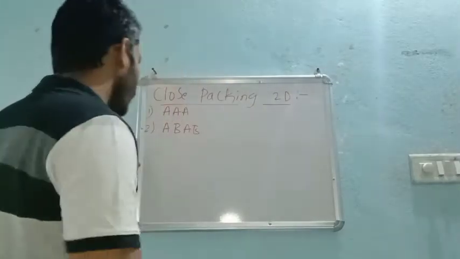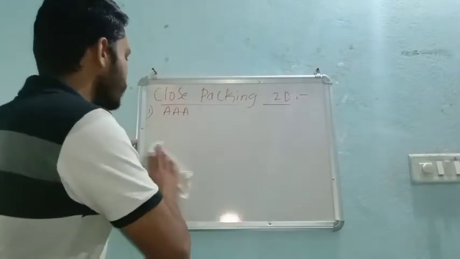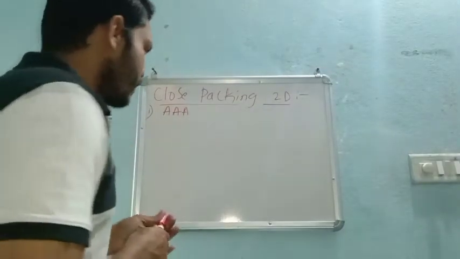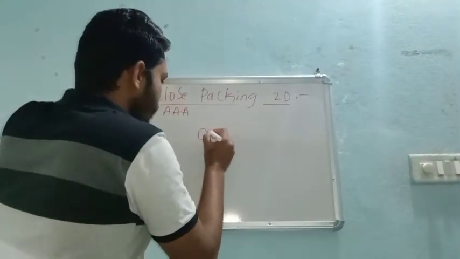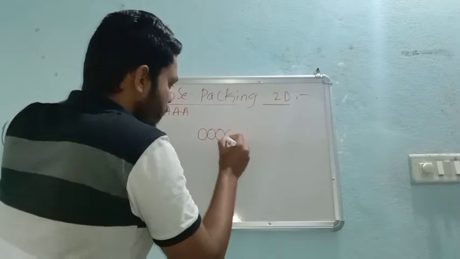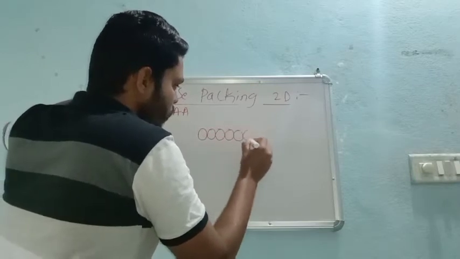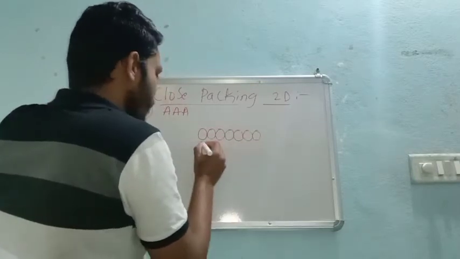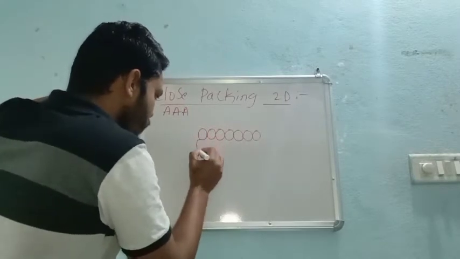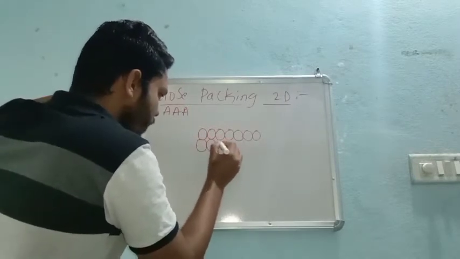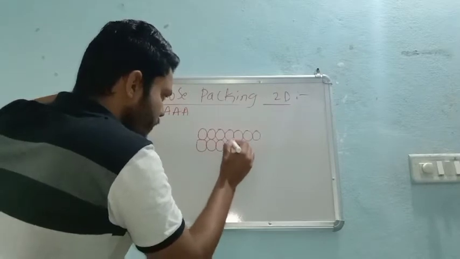So coming to AA type, that means the arrangement will be the same type, right? See here. If I write the arrangement, 2D means we have to consider two quantities. A type means the next row will be the same as the first, like this.